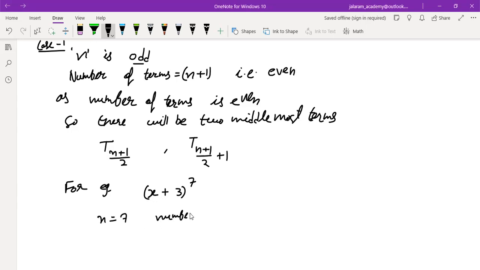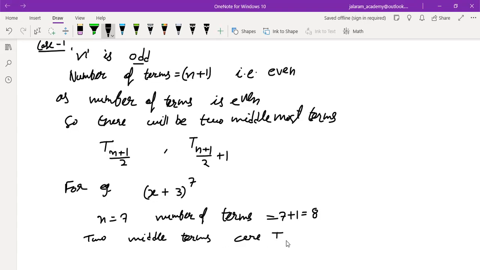Now what will be the number of terms? It is equal to 7, sir, 8. That is 8. So there will be two middlemost terms. The two middlemost terms are T8 by 2, that is T4, and T4 plus 1, that is T5.